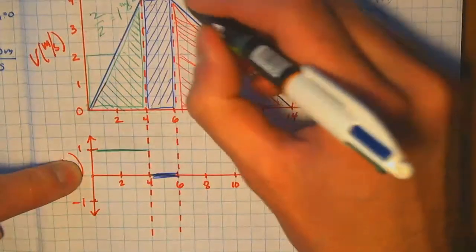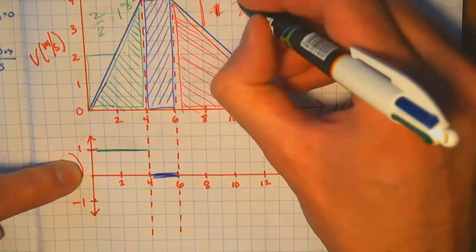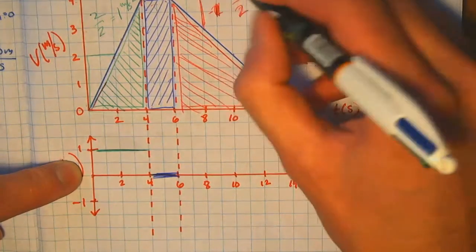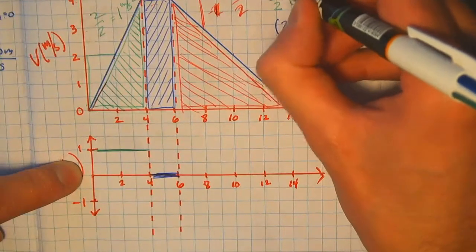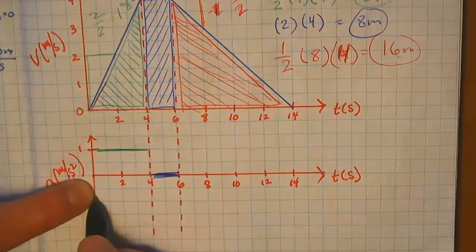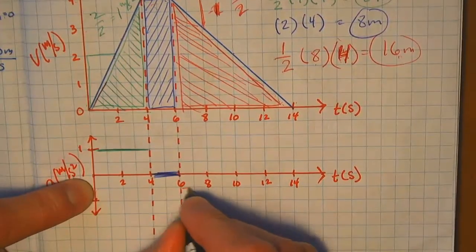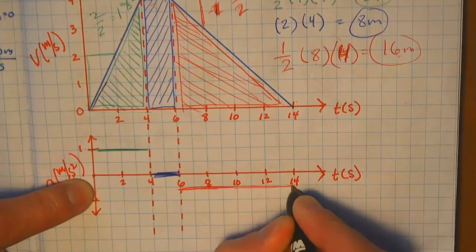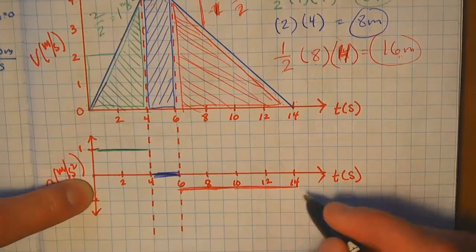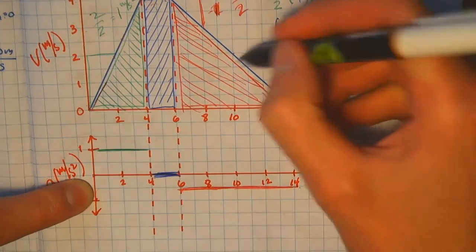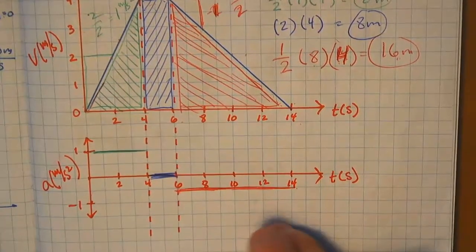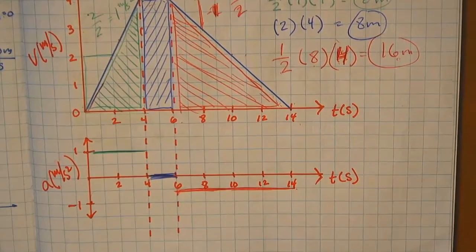So it goes over 2, down 1. So it's -1 over 2, which is, of course, -1/2. -1/2 would be right here. And it holds that slope the entire time. It has that same acceleration the entire time because you have the same slope the entire time from 6 to 14 seconds. So that's what your acceleration graph would look like.